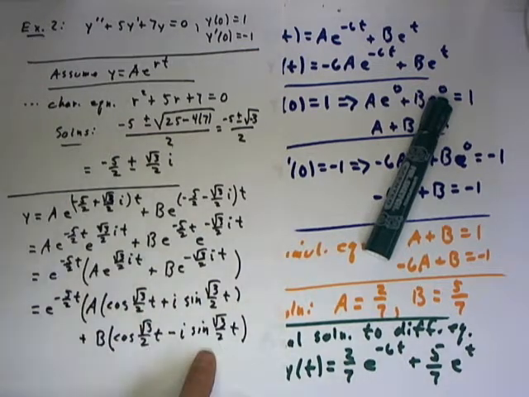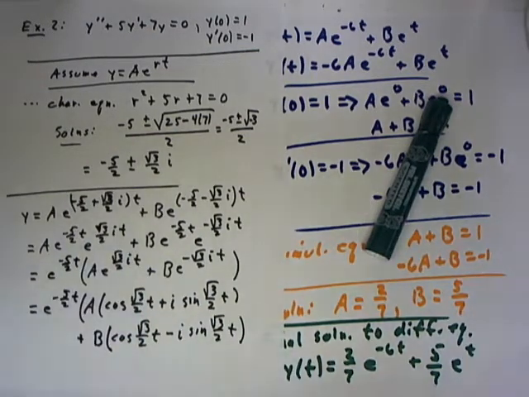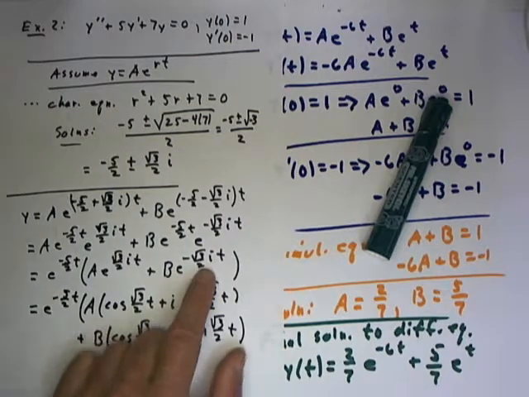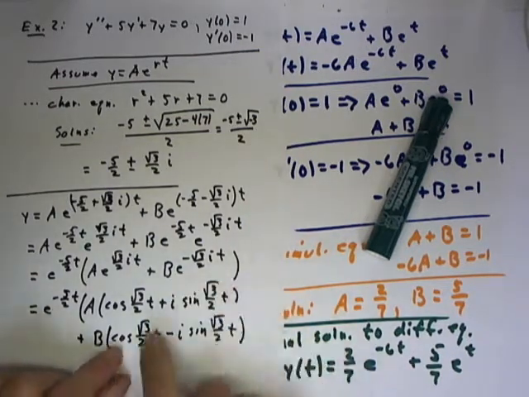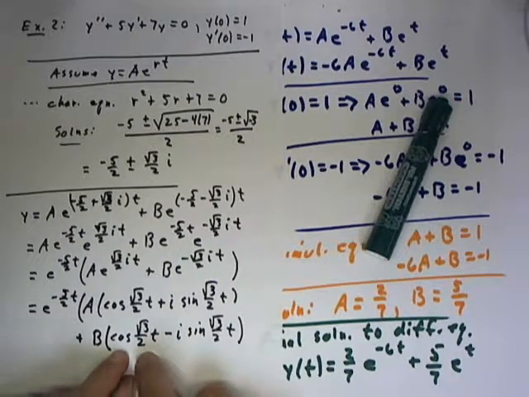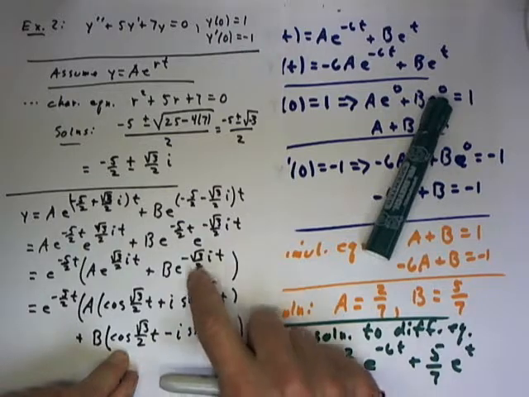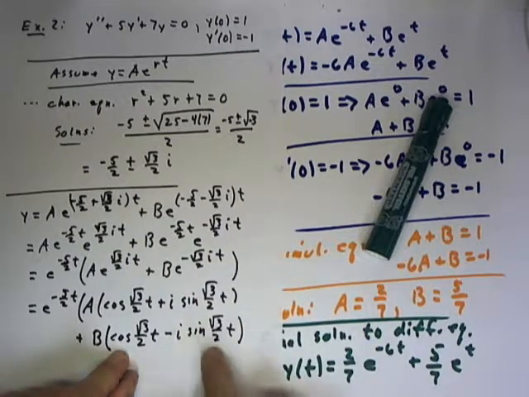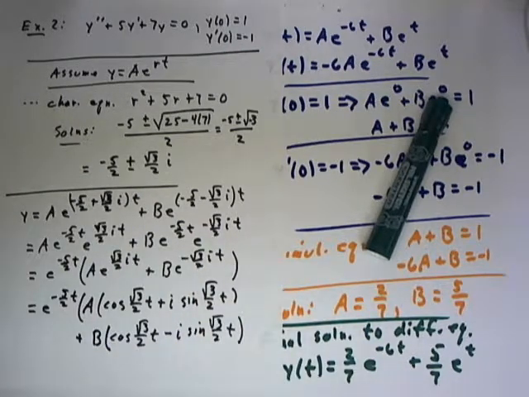The details have been discussed before. Very simple. If we have the negative here, the cosine of negative square root of 3 over 2 t is equal to the cosine of the square root of 3 over 2 t because the cosine is an even function. The sine of the negative is the negative of the sine because of the odd nature of the sine function.